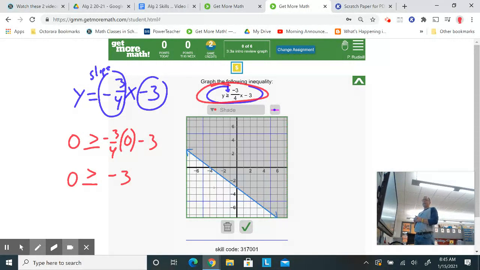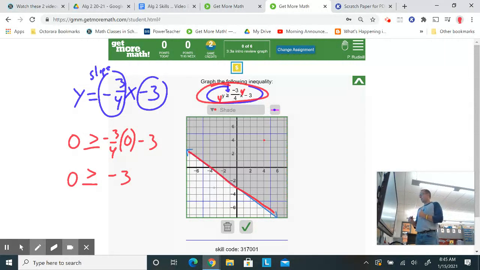If you pick any ordered pair up here, like 4, 4, and you put in a 4 here, and you put a 4 in here, and you do the math, the left side should be greater than the right side. All the ordered pairs on the line are the ordered pairs that make both sides equal. That's why we started with the equation.